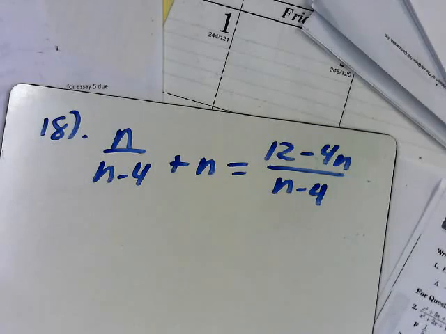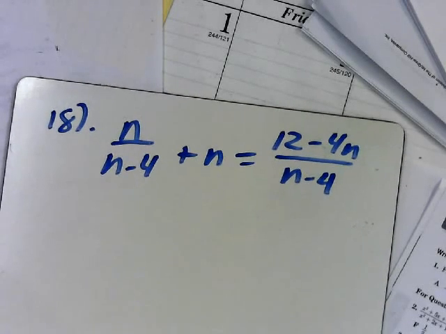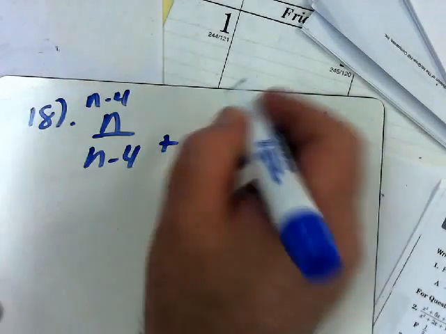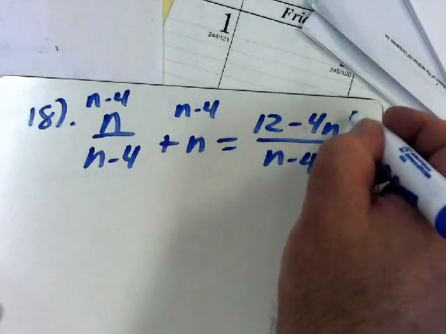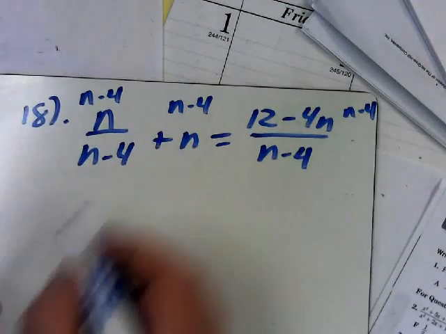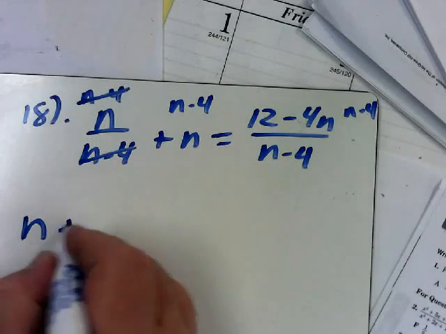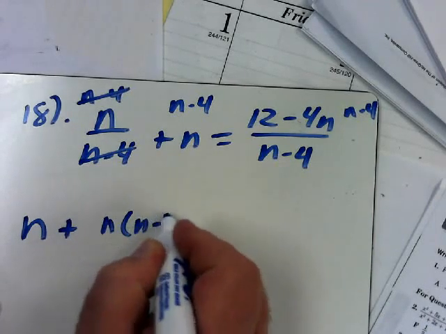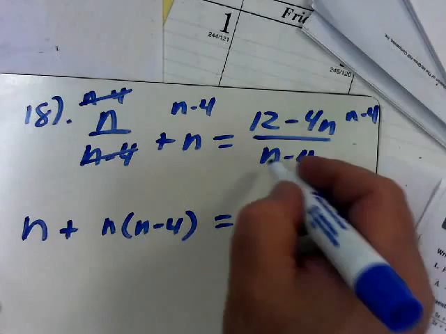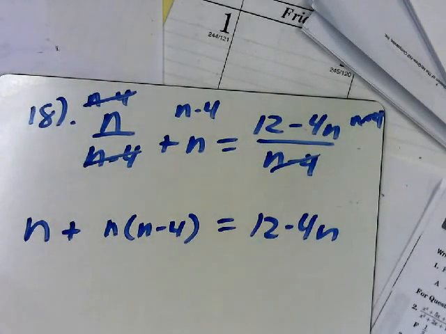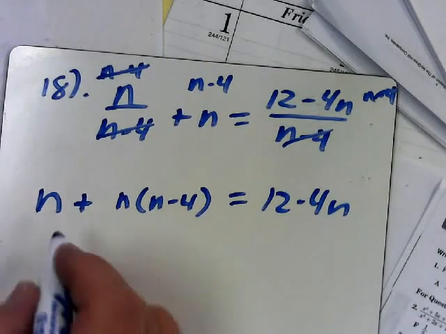Okay, so you're right. We have to get rid of the denominators by multiplying everything by the common denominator, which would be n minus 4. So I need to multiply here by n minus 4, here by n minus 4, here by n minus 4. This cancels this, gives me an n. This one doesn't cancel, so I'd have n times n minus 4 equals, these two cancel, 12 minus 4n.